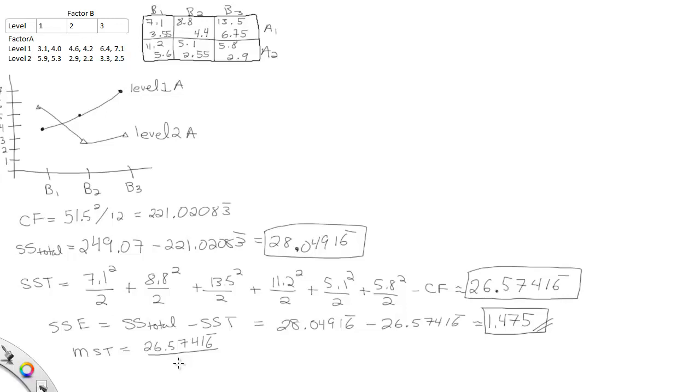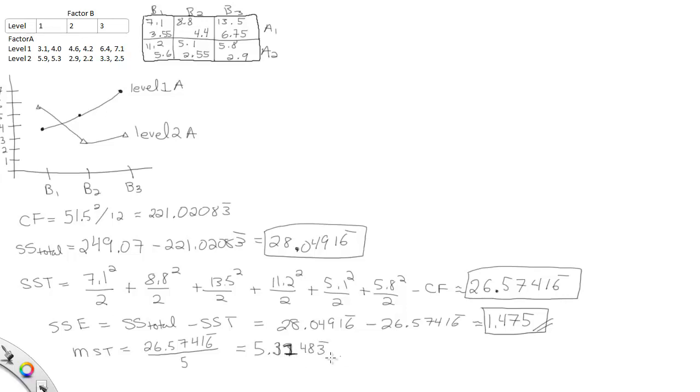So in this case, the degrees of freedom for treatments is just going to be the number of pairs that we had, or the number of these totals that we had, minus 1. So we have 6 of them, minus 1. It's going to give you 5, and then that'll give us your MST. And when you're done, you get 5.31483.